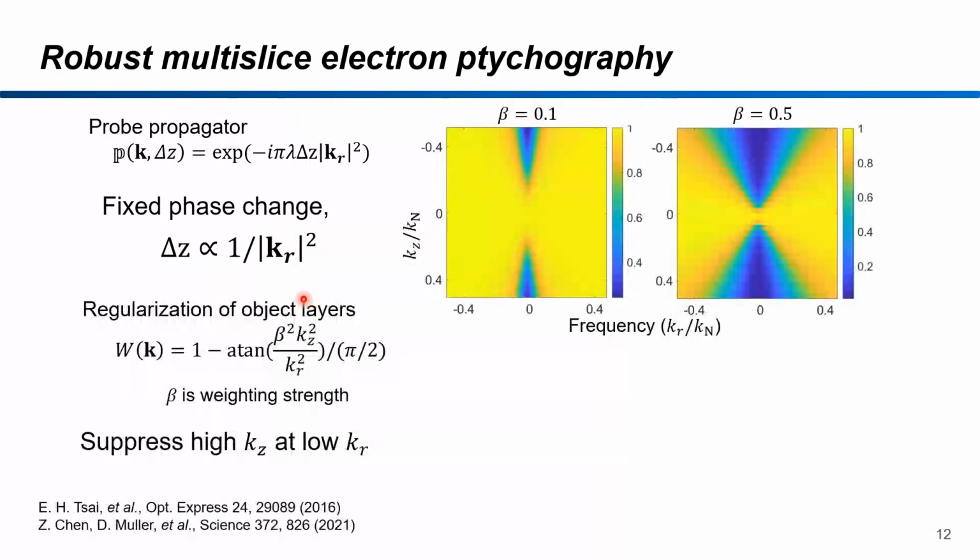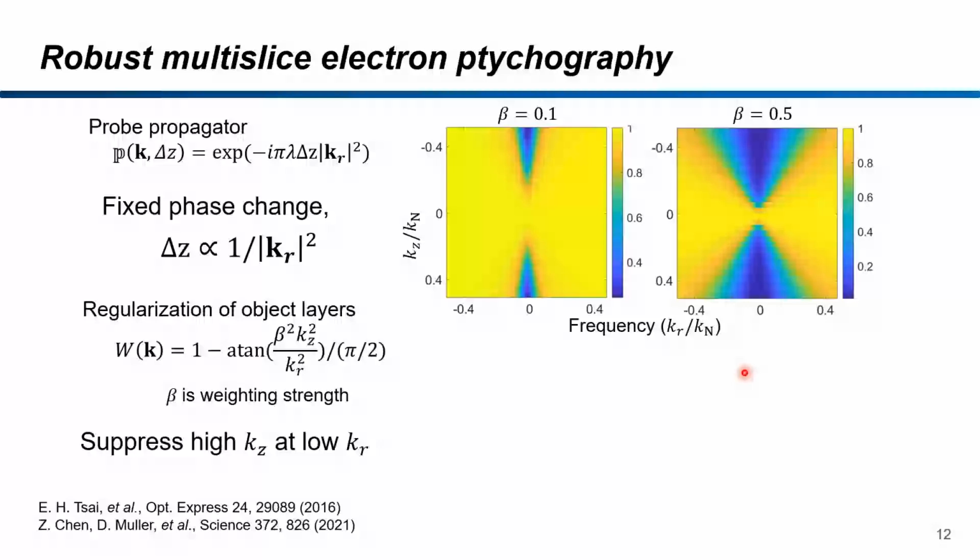So when we try to do this depth sectioning, there is an ambiguity, and so we introduce this regularization of the object layers to suppress high z-dimensional frequency at lower lateral frequency kr. So we can control this regularization by using different weighting parameters.